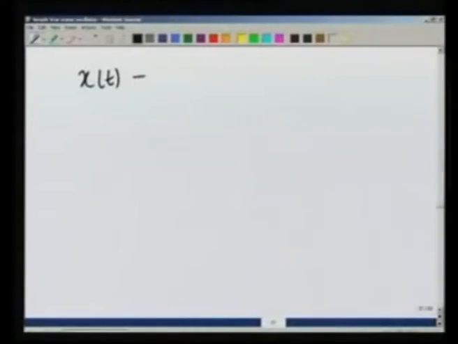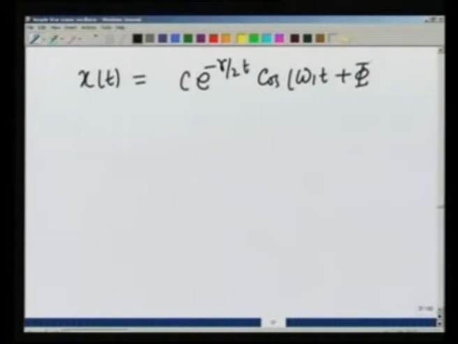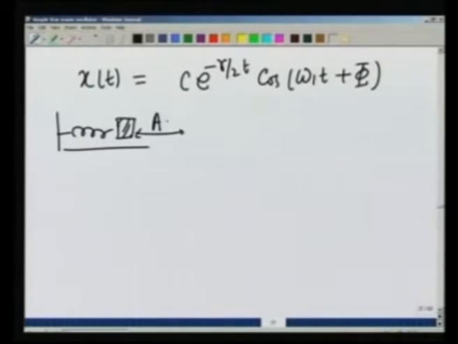So, if I were to write x(t) equal to c e raised to minus gamma over 2 t cosine of omega 1 t plus phi, and take the case where I took this oscillator, stretched it out by a distance, let us say a, and then let go, how would the solution look?